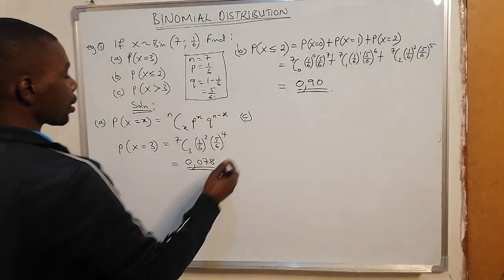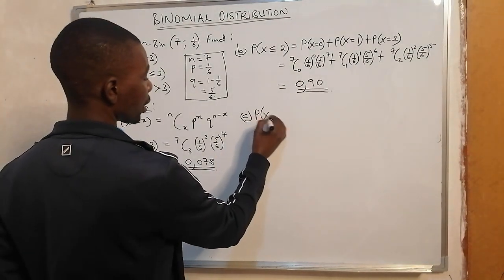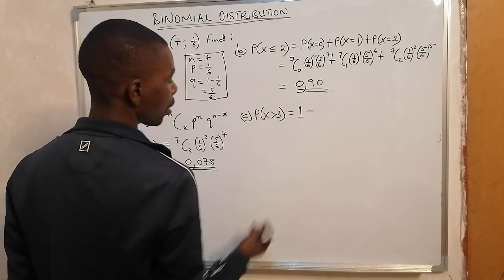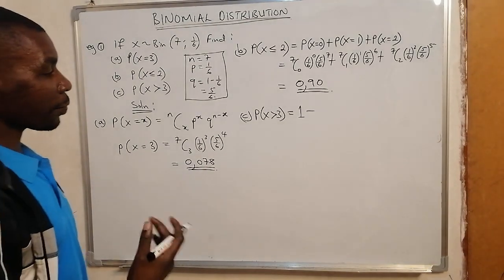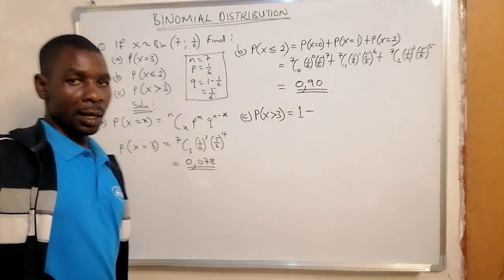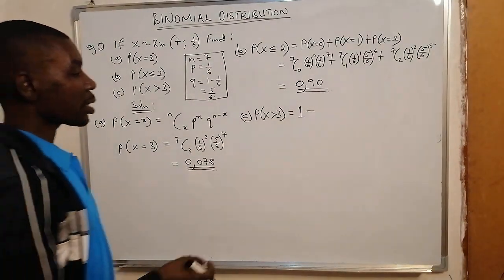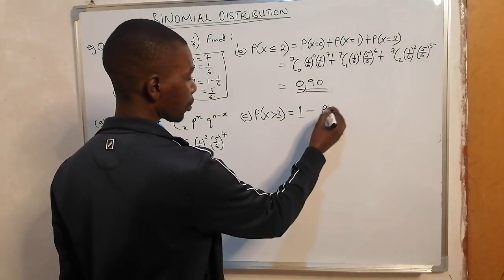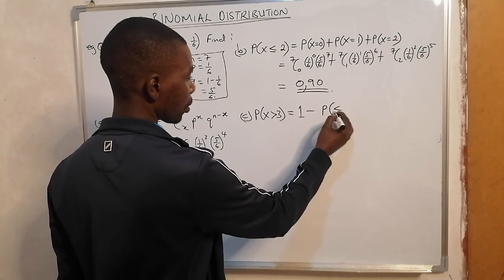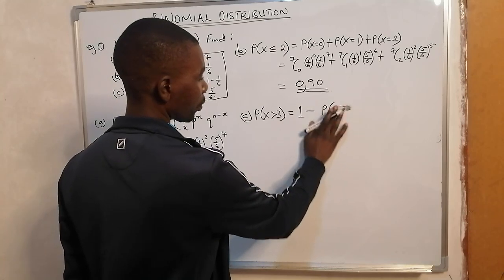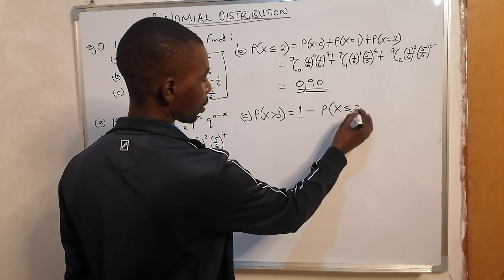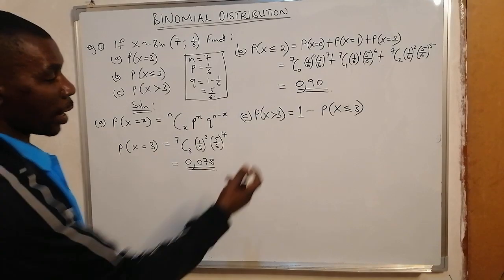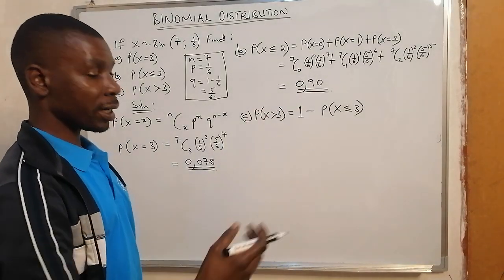Then part C, P of X is greater than 3. Probability of X is greater than 3 is the same as 1 minus P of X less than or equal to 3. It means you want 4, 5, 6, 7, 8, 9, 10, up to I don't know, but we can simply say it's 1 minus P of X is less than or equal to 3. So all the probabilities add up to 1, so we can subtract those probabilities that we don't want.